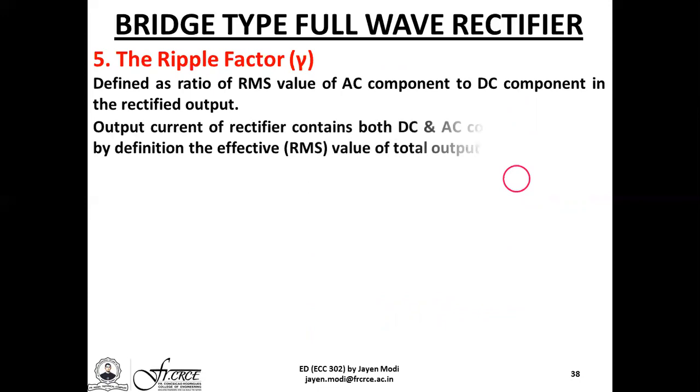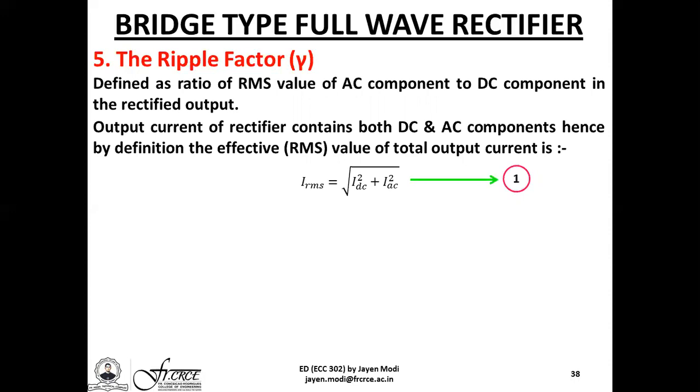Since the output current of the full wave bridge type rectifier circuit contains both AC and DC components, by definition, the effective or the RMS value of the total output current is given by IRMS is equal to square root of IDC square plus IAC square. So we have a DC component and we have an AC component. The effective root mean square value is given by IRMS is equal to square root IDC square plus IAC square.